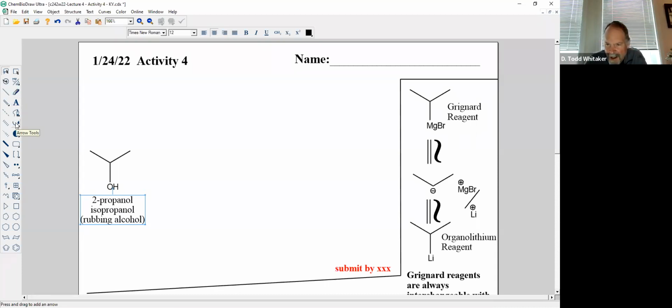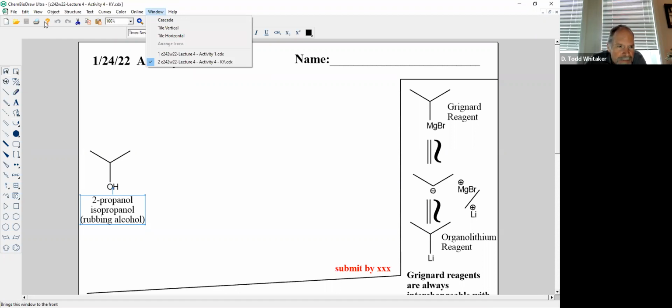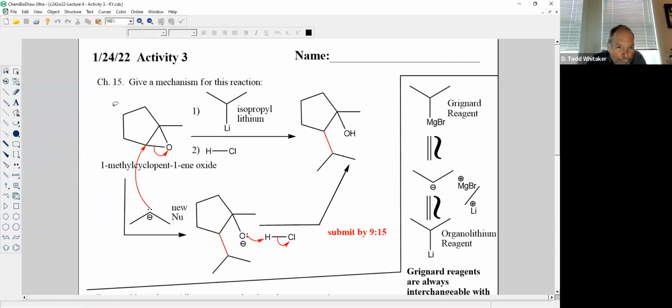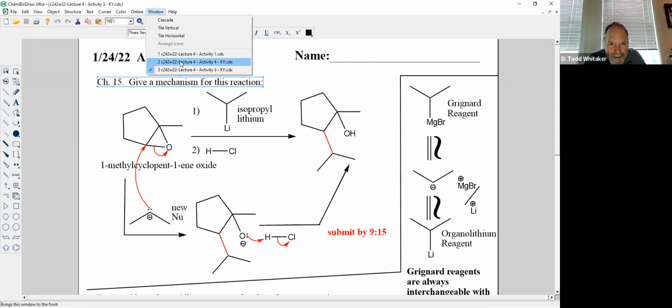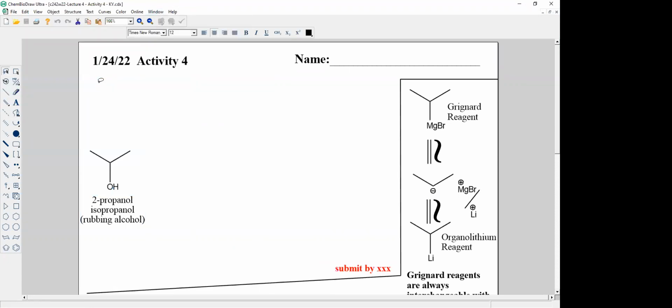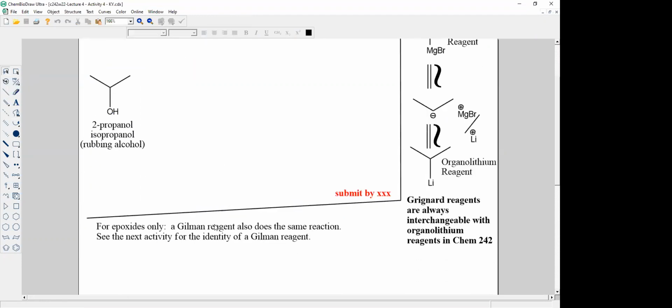For every single one of these reagents, I got rid of the title. I had a nice title, and I got rid of it, didn't I? You think it's still on the old activity 3 key? We'll find out. Nope. It was on the bottom. Oh well. I had a title up there, and I got rid of it. You put it on the bottom, Professor. Thanks for the reminders. No problem.